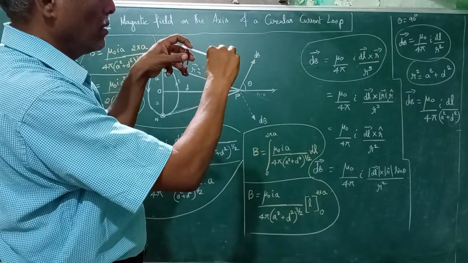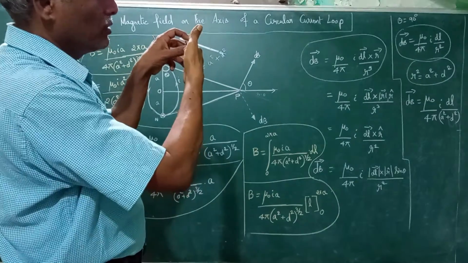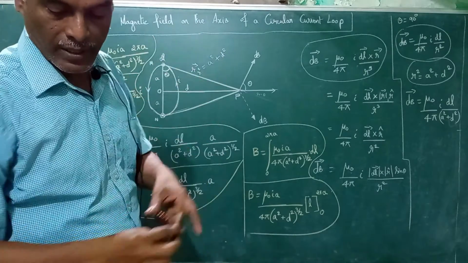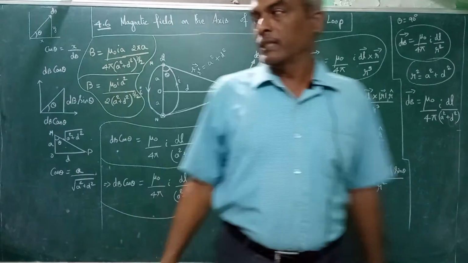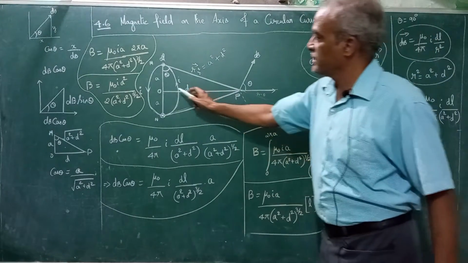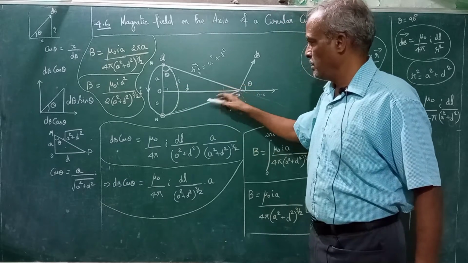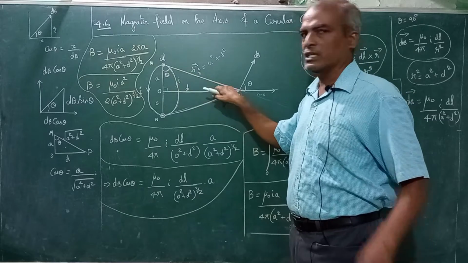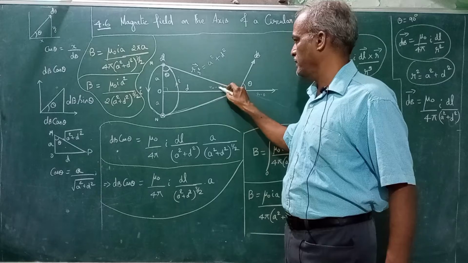Now the angle with respect to this circular plane is theta. So that's what is written here, it's theta. That means this is 90 degrees, so this will become 90 minus theta. These two angles put together make 90, so this will be 90 minus theta.